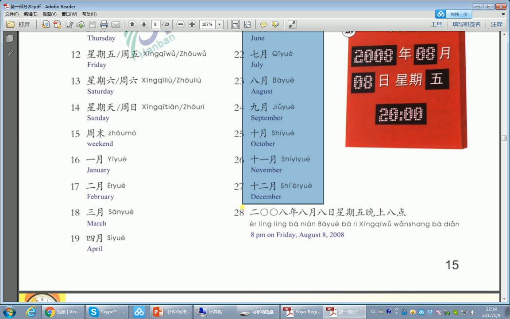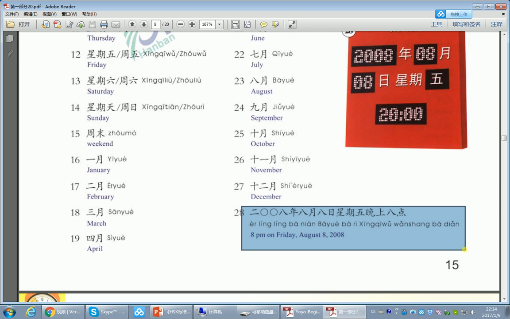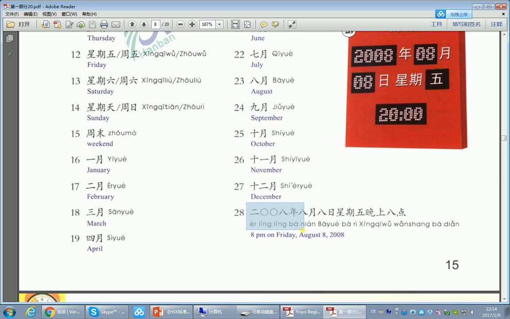And how do we Chinese people say the exact time, including month, date, week? You can see we speak from the biggest to the smallest. First we say the year, this year it is 2008年.